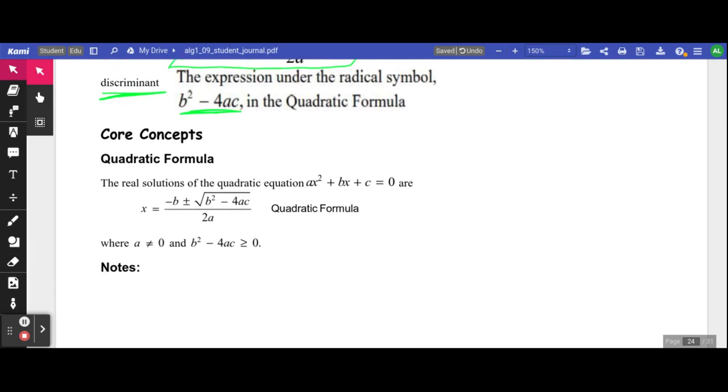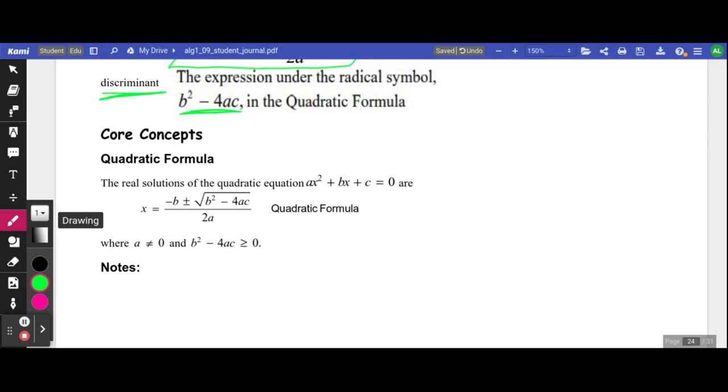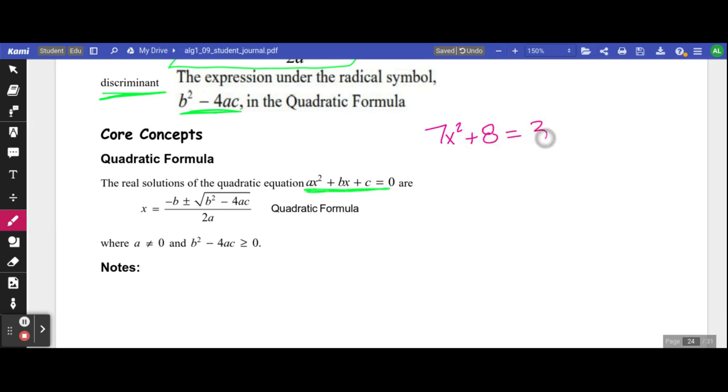So before we solve out a whole problem, I'm just going to show you how to plug these values into my quadratic formula. We've got our quadratic equation in standard form. If it's not already in standard form, you need to do some algebra to get it there. So if I gave you something like 7x squared plus 8 equal to 3x, you can't just go ahead and plug that into the quadratic formula.